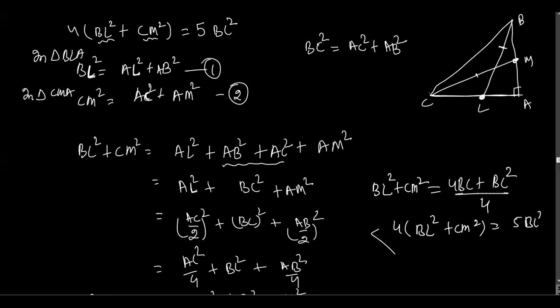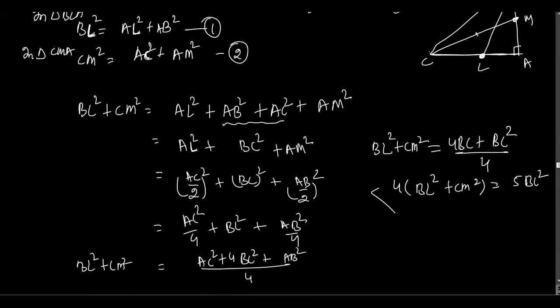5 BC square. Got it? Sir, can you show once more down? Yes. Okay, sir.